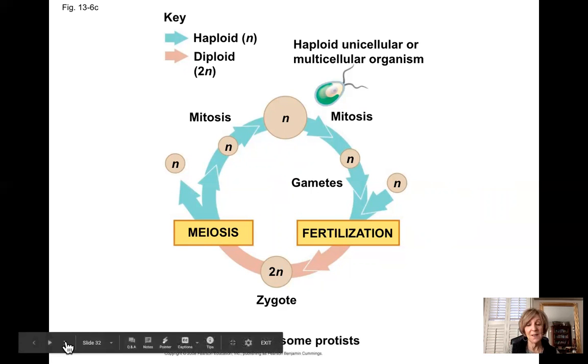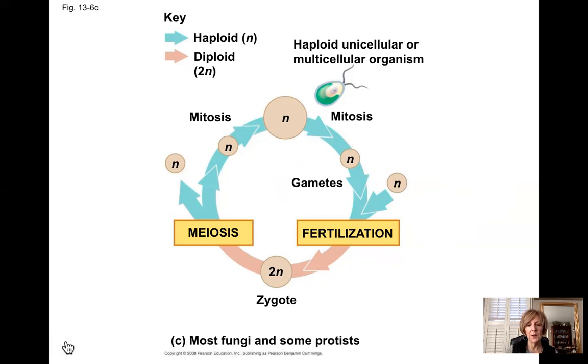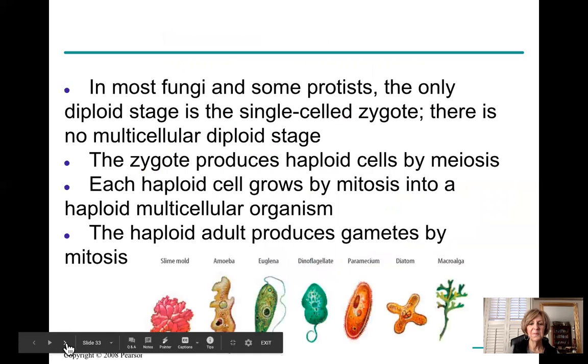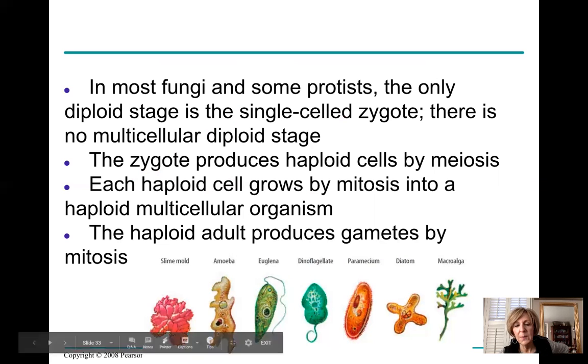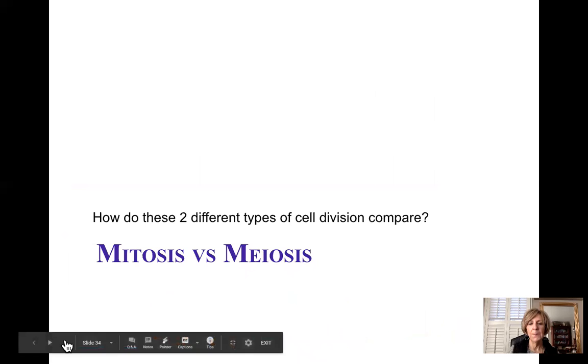So that is just another difference in the life cycle of sexually reproducing organisms. Here are some pictures of some of these protists. Some of them are multicellular, some are single-celled, and a lot of fungi do this as well.